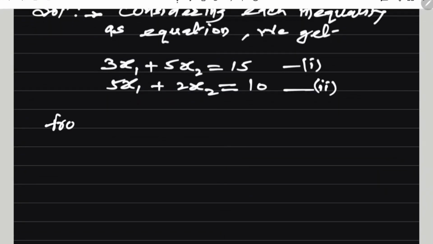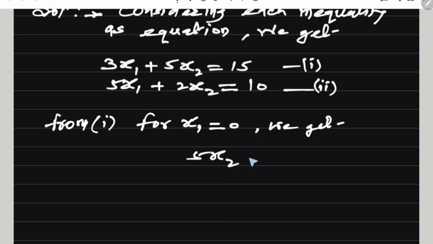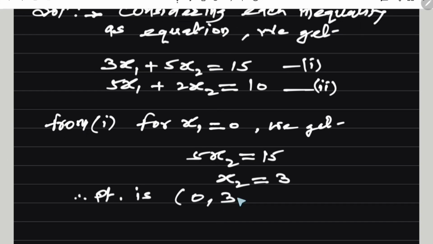Then from equation 1 we try to find out two points. First put x1 equals 0, we get 5x2 equals 15, means x2 is equal to 15 by 5, it is 3. For x1 equal to 0, we get x2 equals 3, and therefore point is (0, 3).